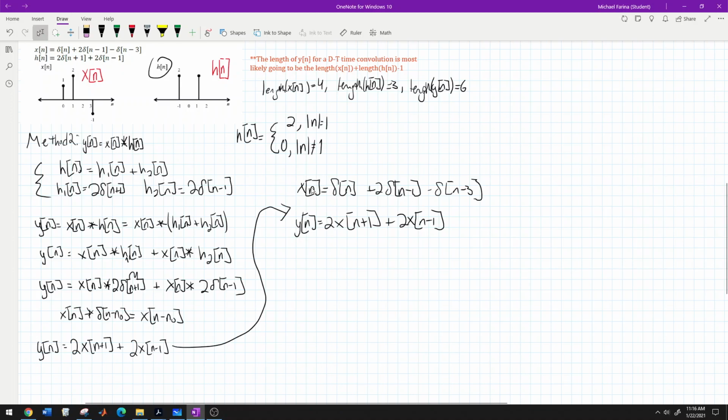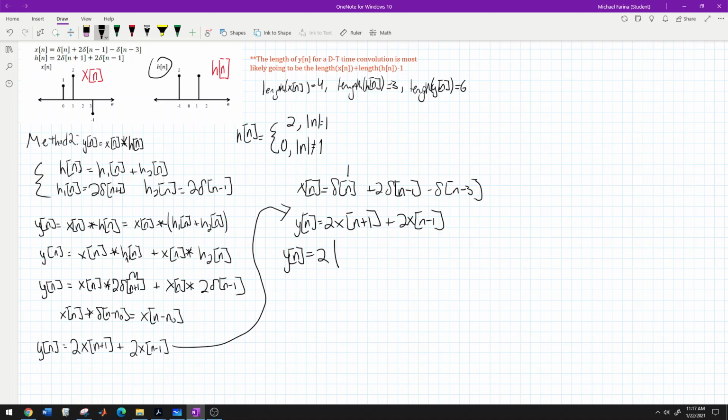Now what we'll do is we'll take this definition of x of n and we're just going to plug it into each one of these. So y of n is equal to 2. Now let's change out. So we take x of n plus 1.